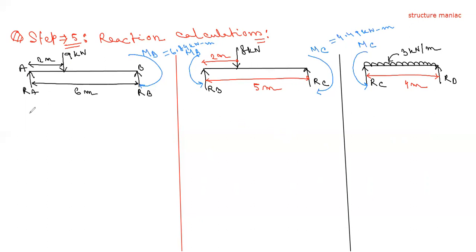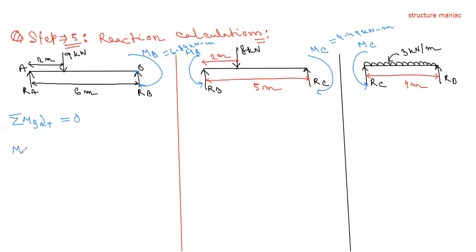For span AB, take moments of all forces and moments about B equal to 0. So summation of MB, clockwise positive, is equal to 0. Taking moments at B, we have the moment MB, and MB is acting in the clockwise direction.